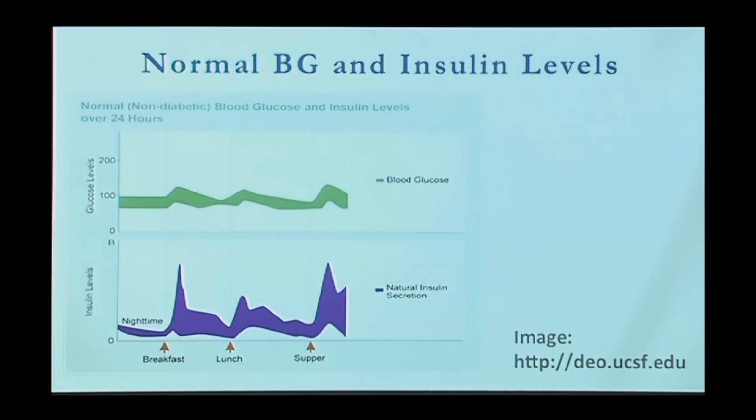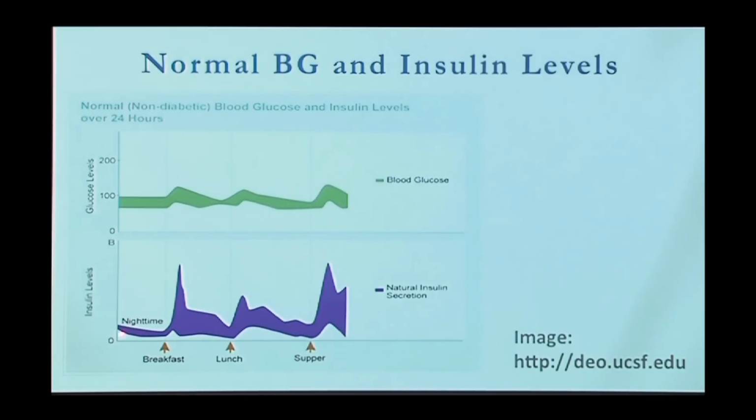This is showing you what would be normal insulin release with blood glucose levels. On the top are our blood glucose levels, going from maybe 60 to 100. Maybe after breakfast I go up a little bit, come down, and so on, but I never get too high, a very tight range of sugar.